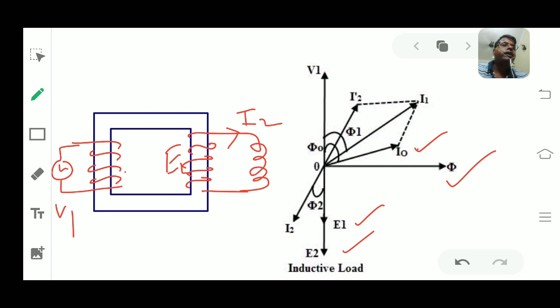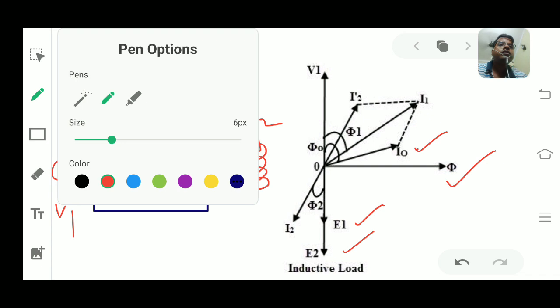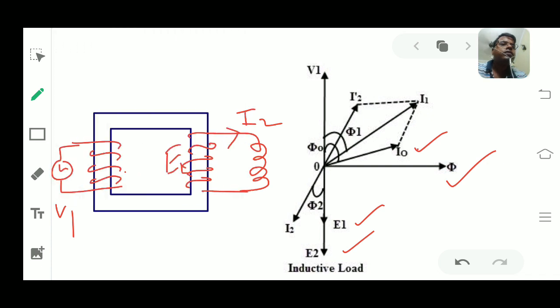Now this I2 dash and I0 together form this I1, as I have already explained that I1 is the summation of I2 dash and I0. So this I1 is drawn here, and this angle is phi 1, and this is phi naught.